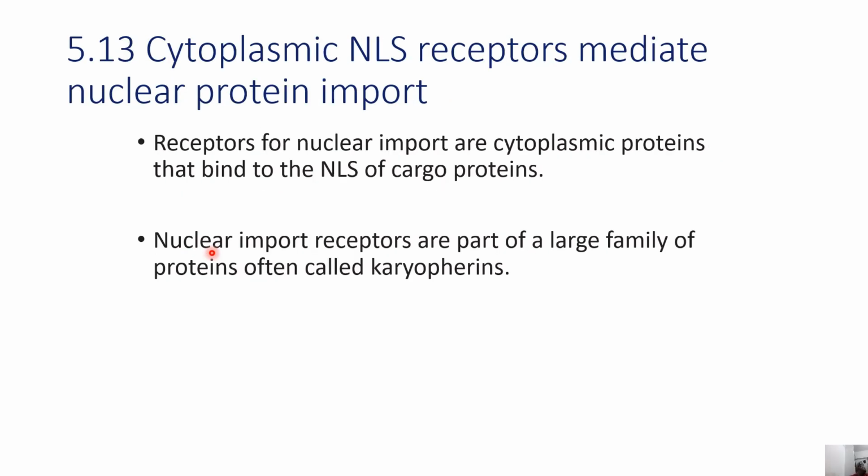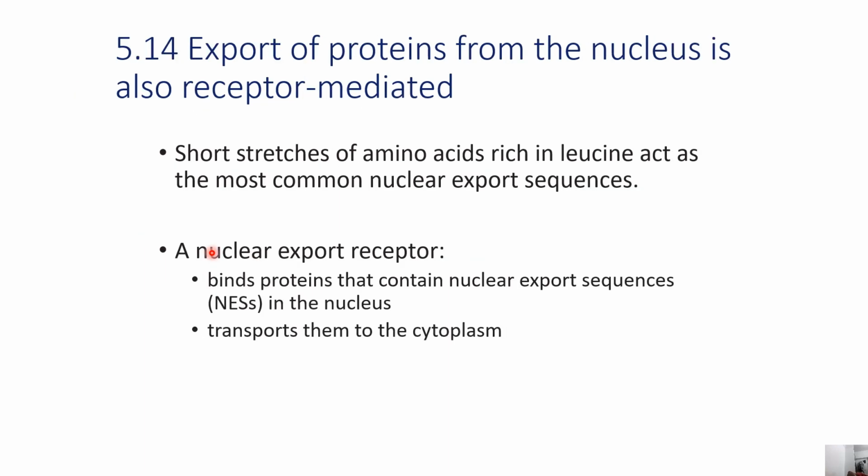The receptors for nuclear import are cytoplasmic proteins that bind to the NLS of cargo proteins. Nuclear transport receptors are part of a large family of proteins often called karyopherins. Leucine-rich sequences act as the most common nuclear export signals.